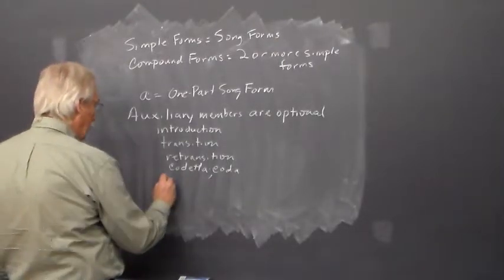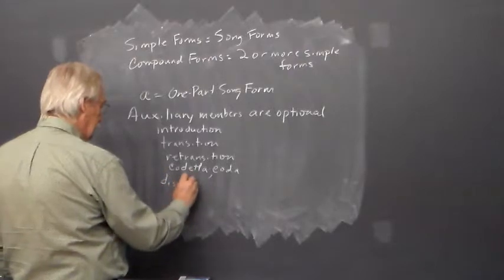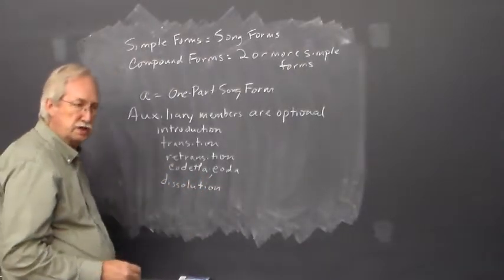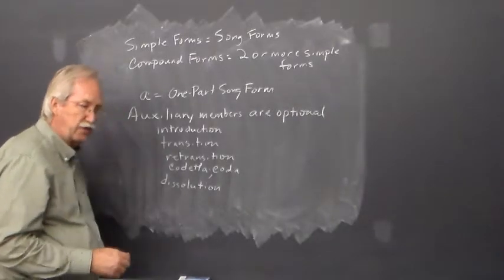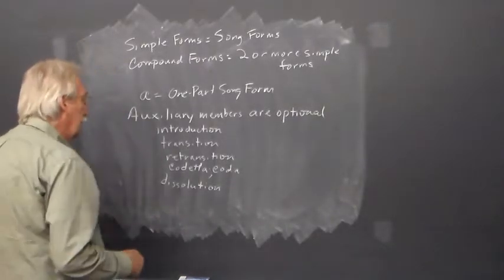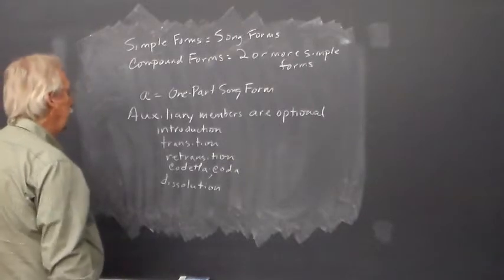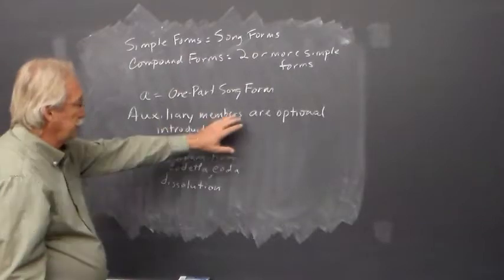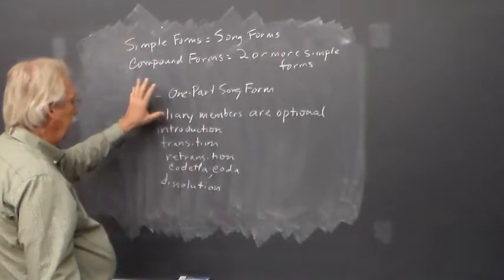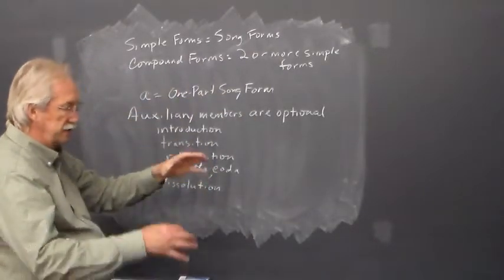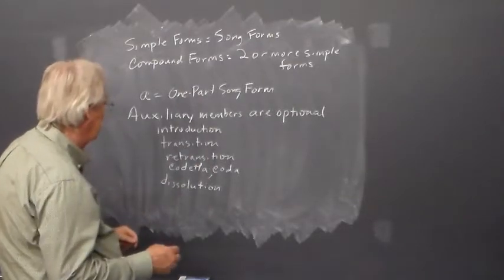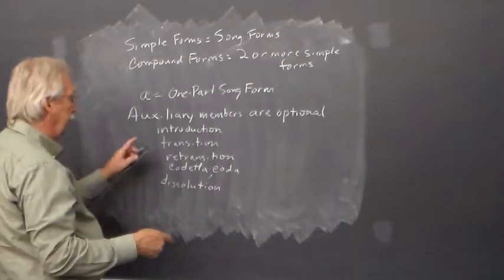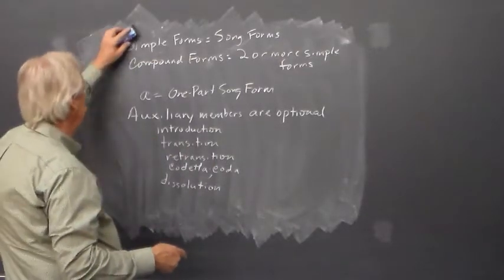We're also going to talk about one term discussed in this section, elision, which has to do with the phrase extension technique. We'll get to all that in a minute. These are all optional and are used within the context of these different song form situations. What I want to do first is talk about these different auxiliary members.